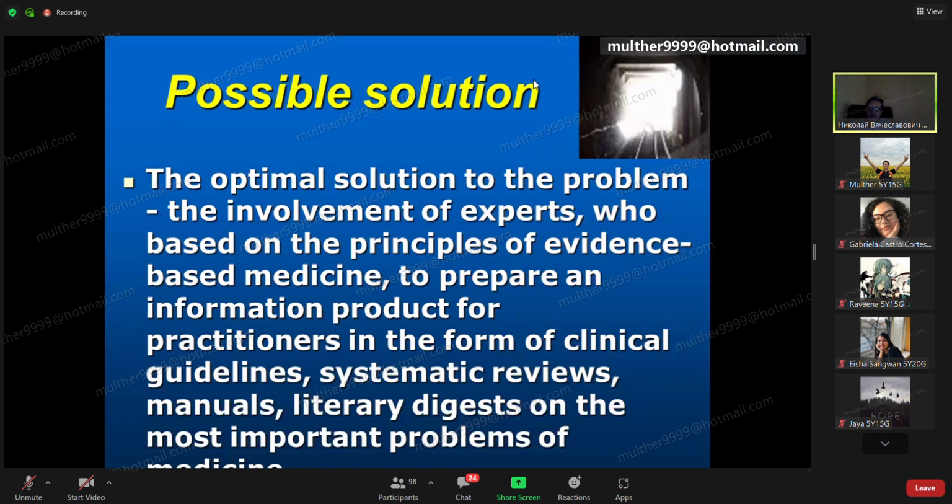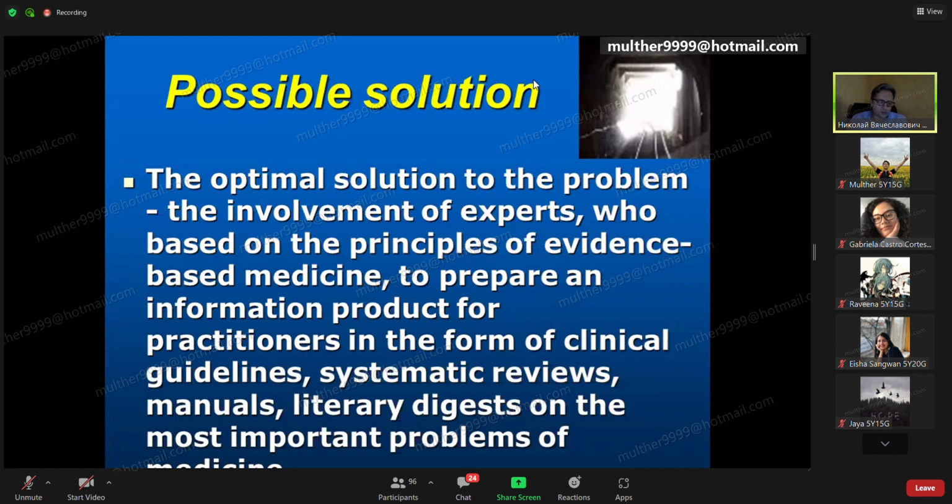The involvement and activation of experts who, based on the principles of evidence-based medicine, prepare information products for practitioners in the form of clinical guidelines, systematic reviews, manuals, and literature digests on the most important problems of medicine.